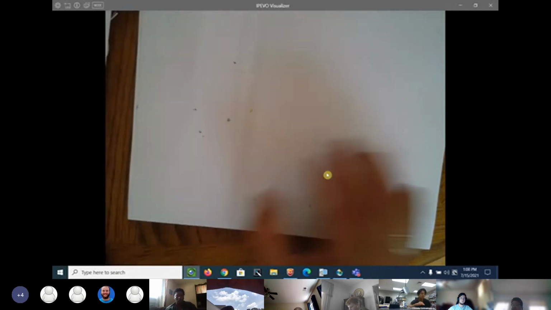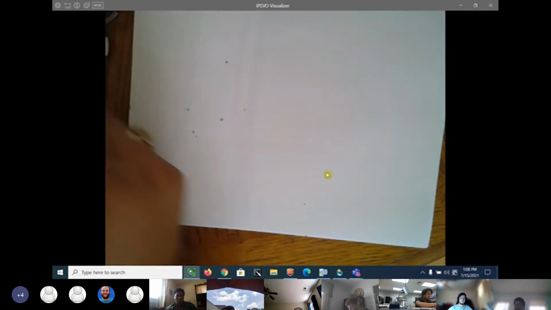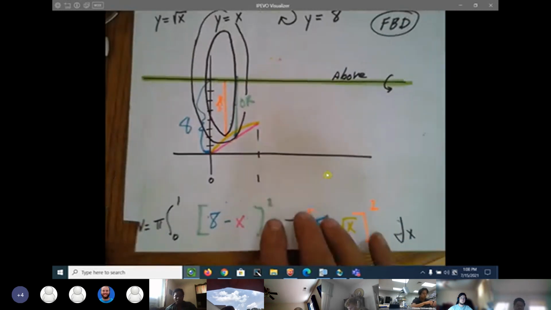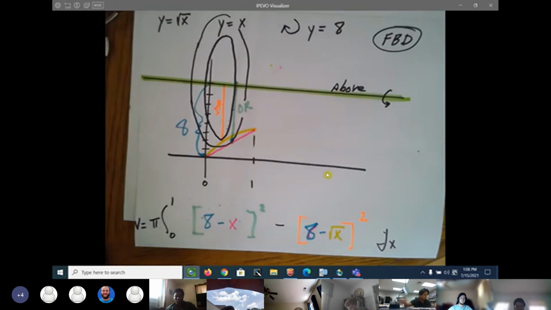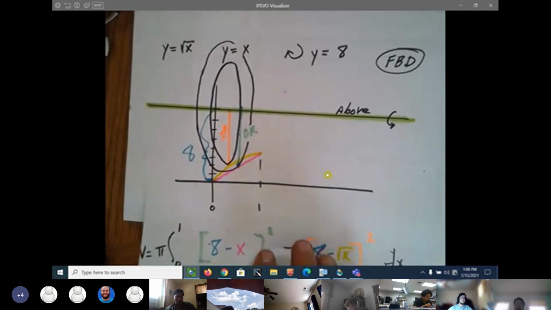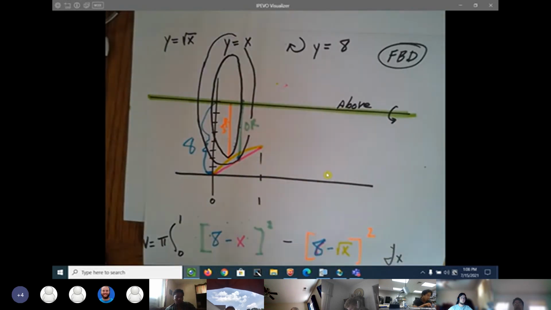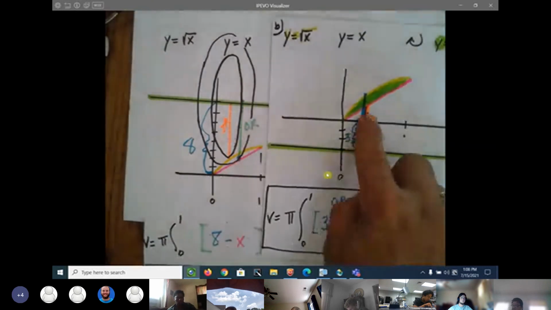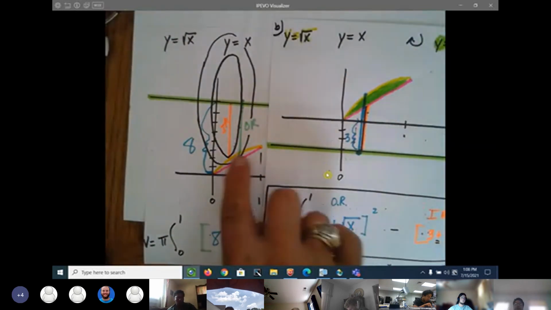And I'll tell y'all a little secret. I could never understand the difference between B and C when I was in calculus, until I had a graduate student at Clemson, and the graduate student showed me the same thing that I just did with y'all.